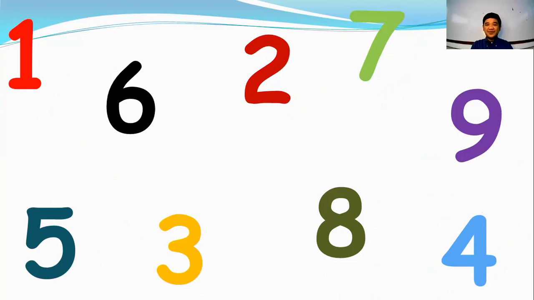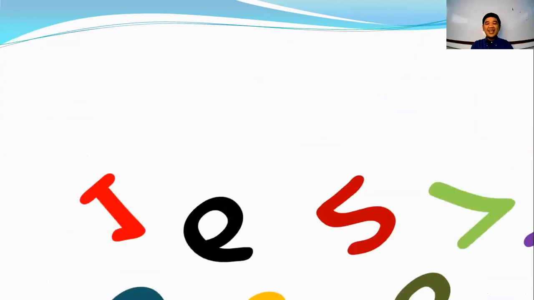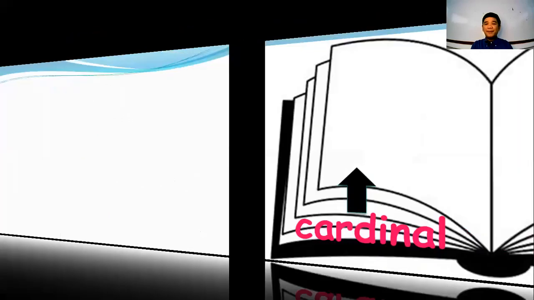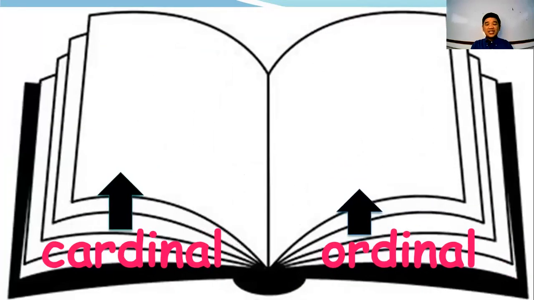4 claps. Very good. Now, let's start with the number 1. As you can see, there is a cardinal and there is an ordinal. The cardinal is 1. Can you remember how to write the word 1?